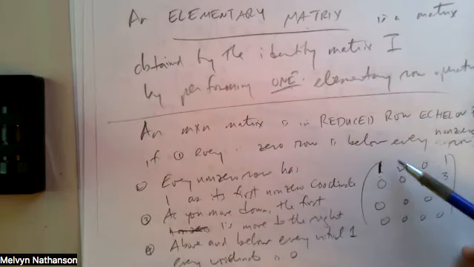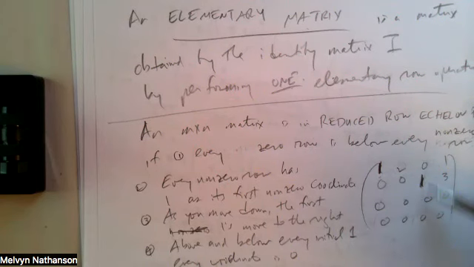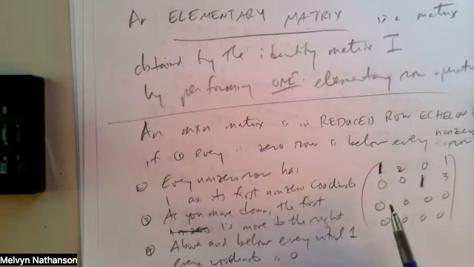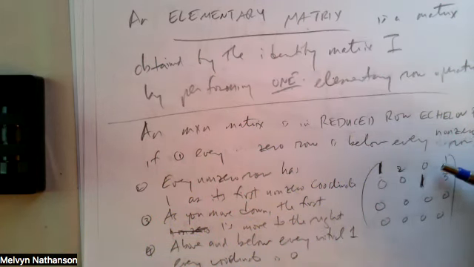So here's a 1, and below it, there are only zeros. Here's a 1, and above and below it are only zeros, right? You can have a 2 here, a 3 here, it's all fine, but this matrix is now in reduced row echelon form. The non-zero rows are above the 0 rows.